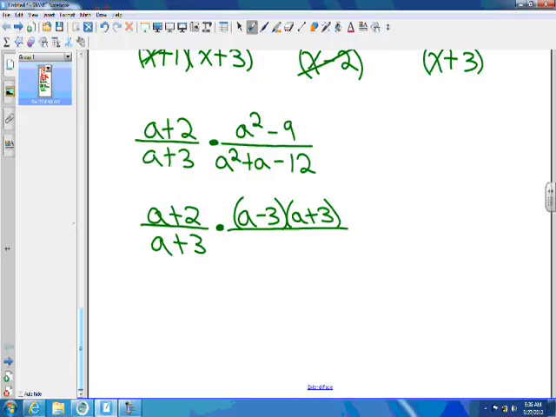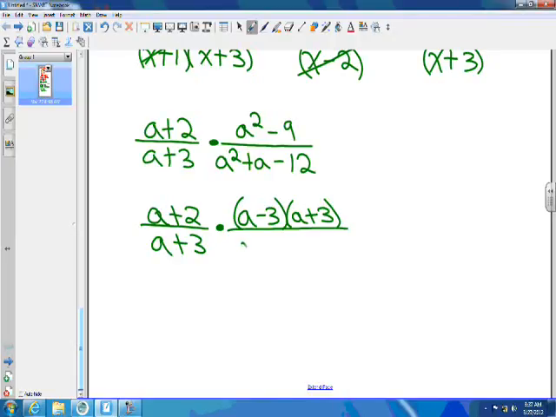So we hit enter to do the bottom there. A is 1, B is 1, and C is negative 12. What are your factors? No, those are your zeros. No. Factors.